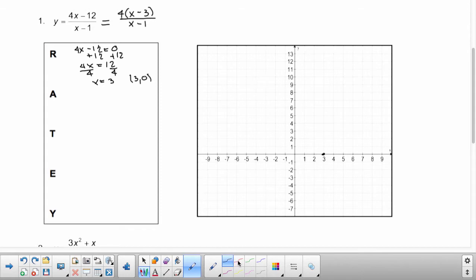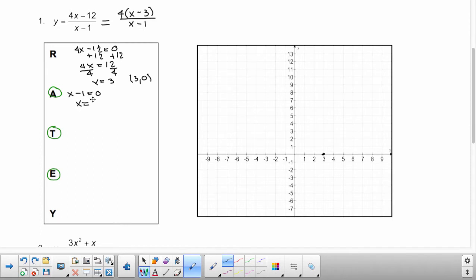Now, the next thing that we're going to look at is our A, T, and E. I've circled those because these all have to do with asymptotes. A starts us off by looking at our vertical asymptotes. That's going to be where we look at the domain restriction, we set the denominator equal to 0 this time, and solve. x minus 1 equals 0.